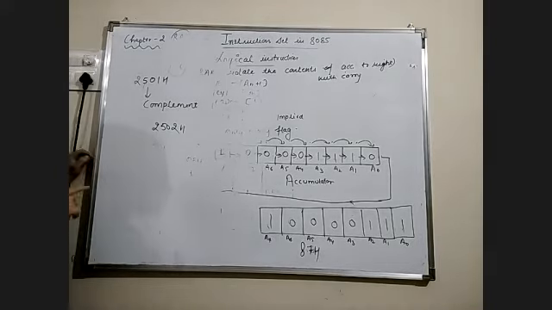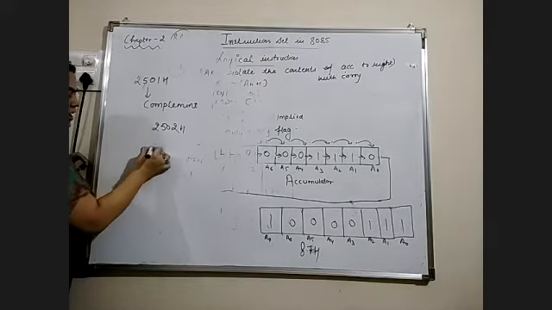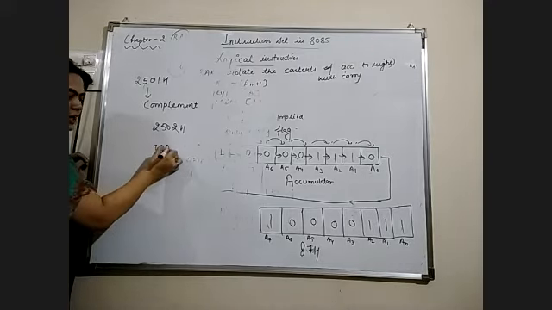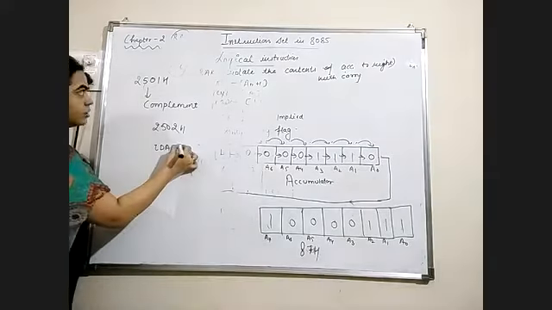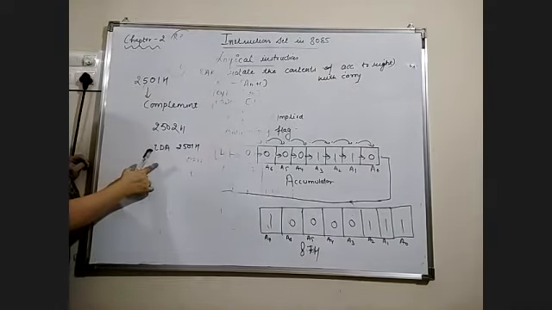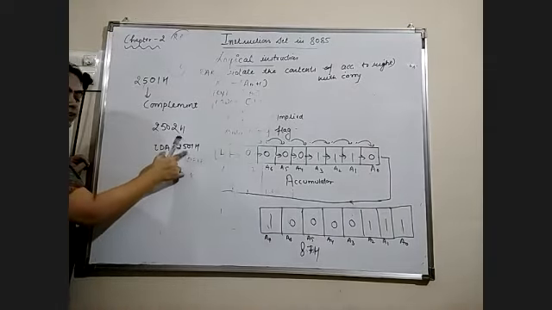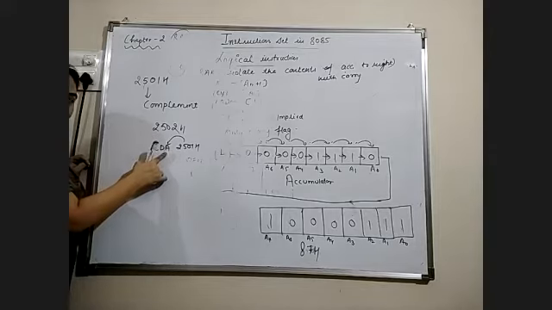For that we have an instruction, that is LDA. After LDA we can write 2501H. This means load the accumulator with the contents of this memory location. Whatever contents we have at this memory location will be loaded into the accumulator.